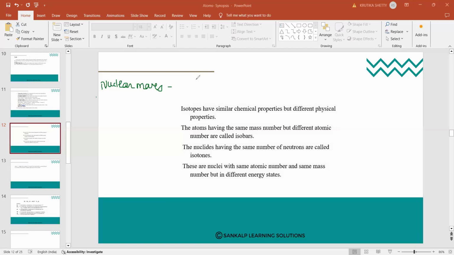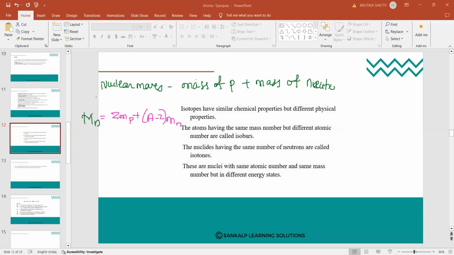So the nuclear mass is the mass of protons plus the mass of neutrons. It is given by the formula Mn equals Z Mp plus A minus Z into Mn.